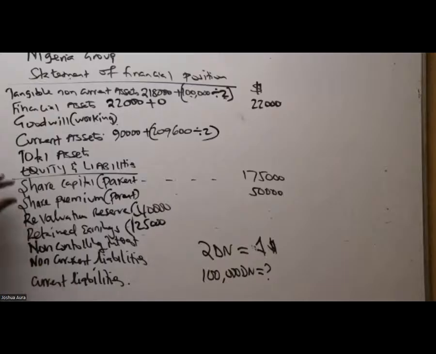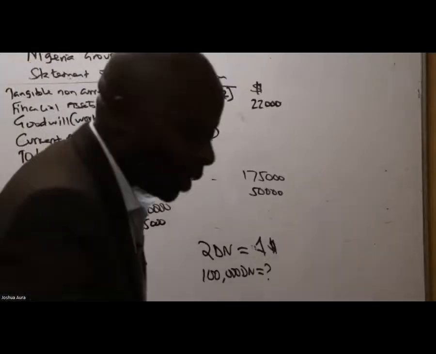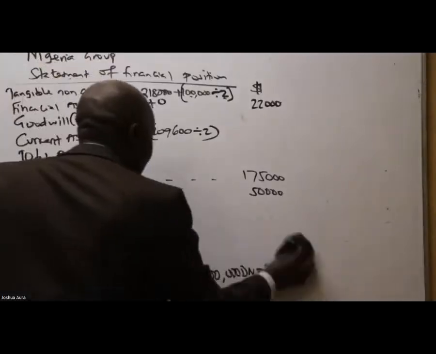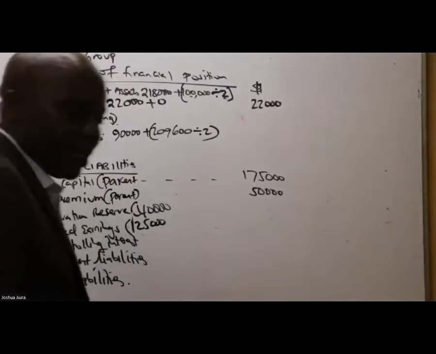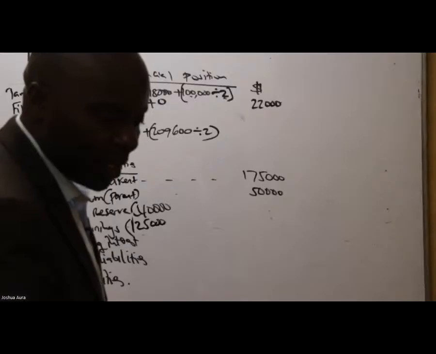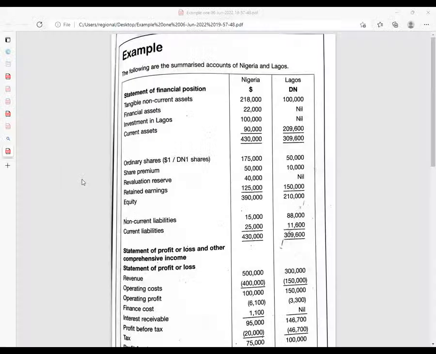I like this section of the equities and liabilities, especially the equity, because there is nothing like really doing a lot of working. So I'll skip all these up to the non-current liabilities. On non-current liabilities, I'm combining.